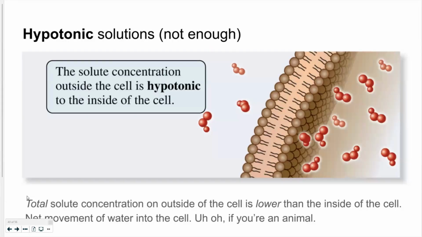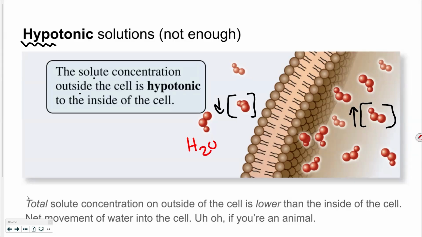In our hypotonic, the solute concentration outside of the cell is low. The solute concentration inside of the cell is high, which means that our water concentration outside of the cell is high, and our water concentration inside of the cell is low.